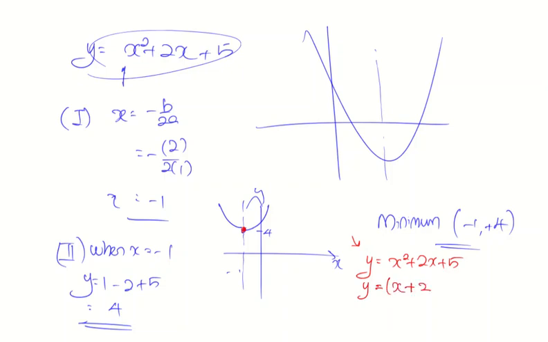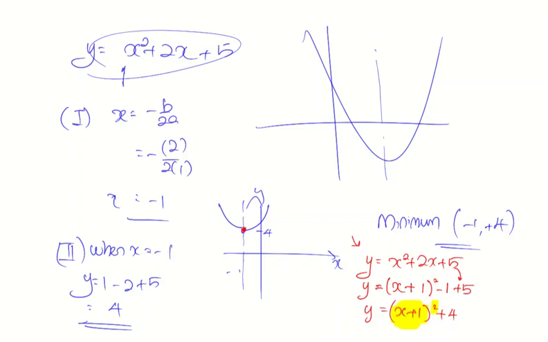Remember, 2 divided by 2, you become 1. So you have (x plus 1) squared plus 4. Okay, so now let me explain here. This is the completing the square. Whatever is inside here can be positive or negative, but whatever is squared will give you a positive.